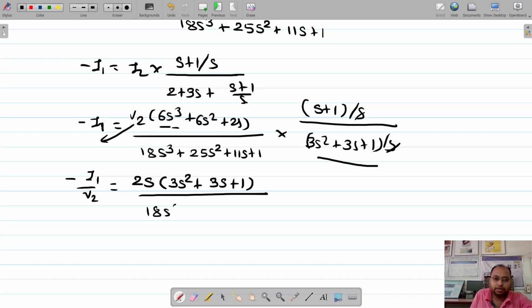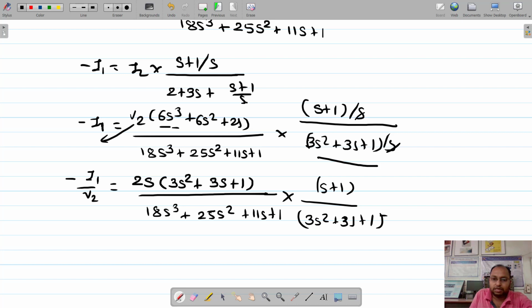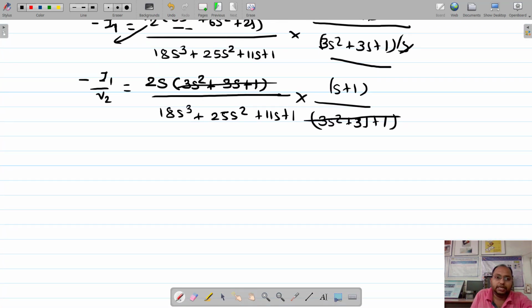And this is nothing but 18s cube plus 25s square plus 11s plus 1, into (s plus 1) divided by (3s square plus 3s plus 1). So let us cancel out this bracket, and finally we have got this term, that is nothing but my y21. So I can write y21 is equal to I1 by V2, it is y12, not y21.